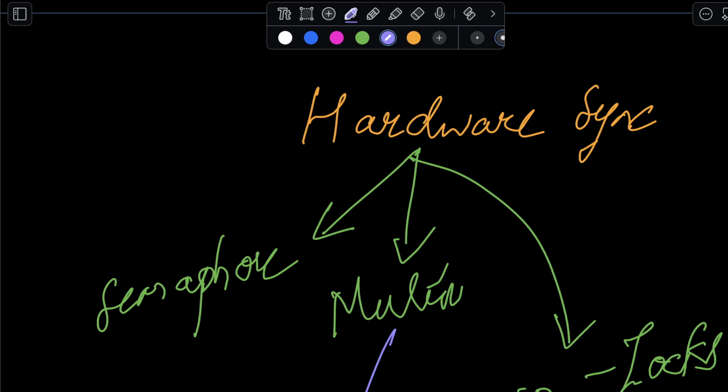Now, what does this do? So why is deadlock coming here?